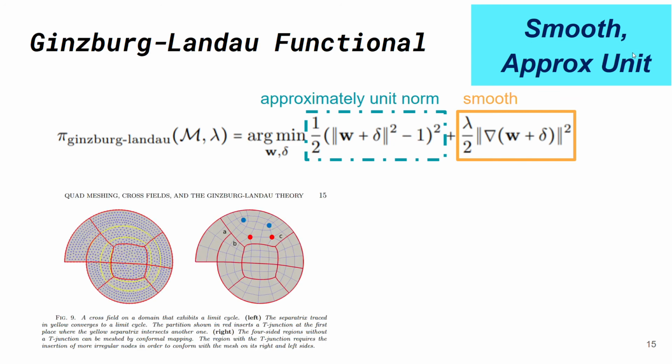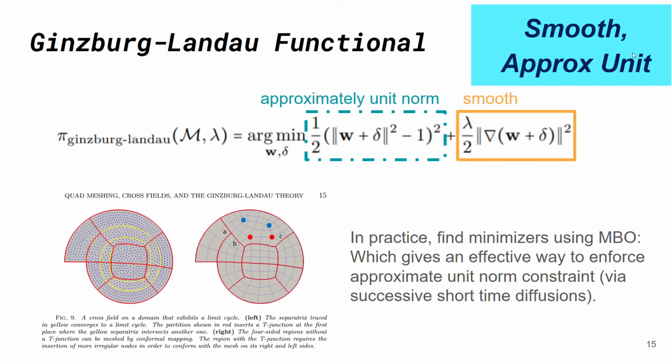For instance, one place that this idea has popped up recently is in the context of finding good quad meshes of complicated shapes. So how do you break up a shape into approximately quadrilateral regions in a way that minimizes the distortion and has a small number of elements?